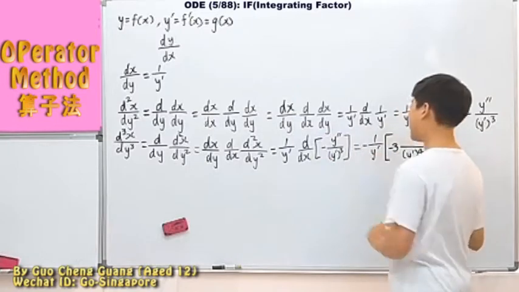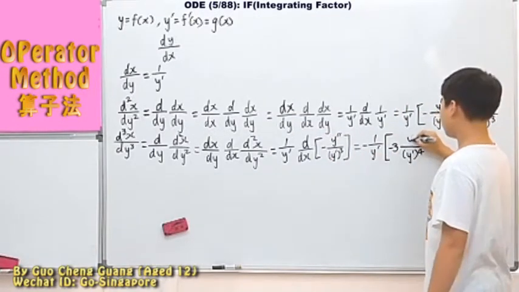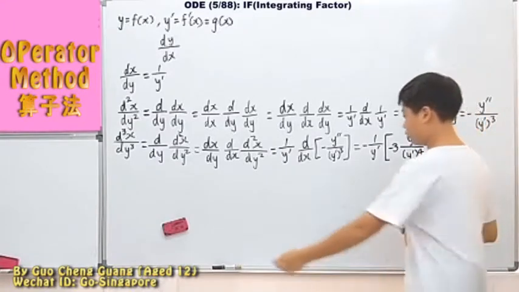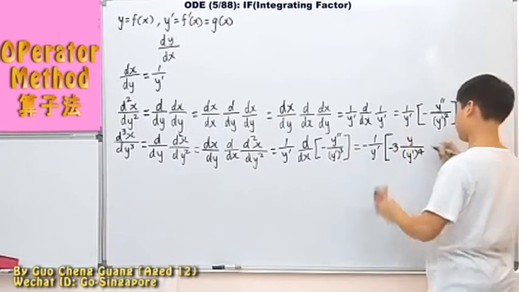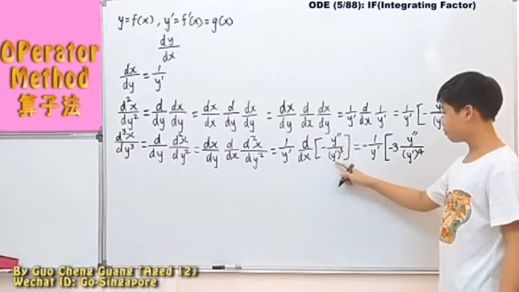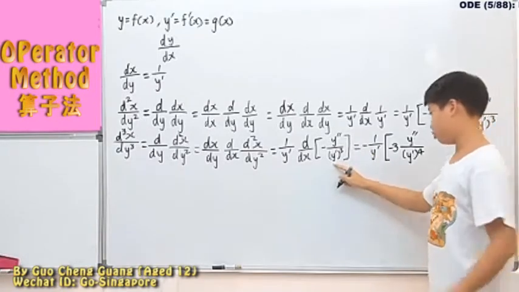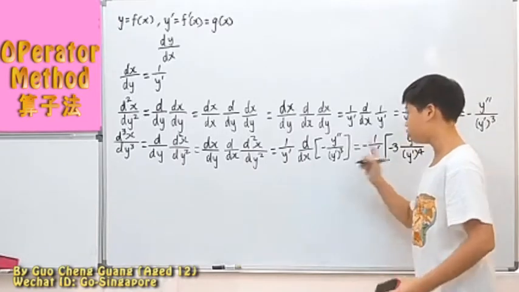Then y second derivative. Here you already have one. Then below here, you differentiate it and you get another, since it is with respect to x.